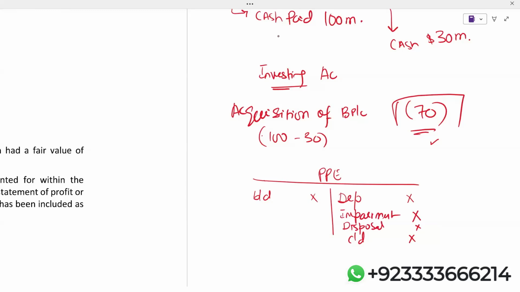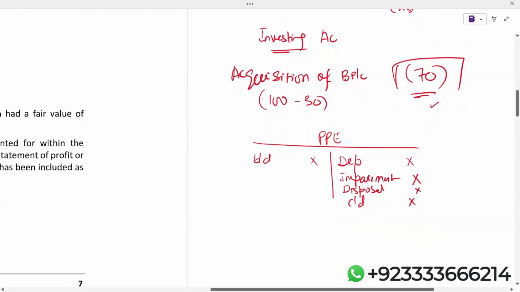But an important point: if I've acquired a subsidiary during the year, then of course the subsidiary comes with its own property, plant and equipment. So I'll write acquisition of BPLC, and from that I'll write the property, plant and equipment of my subsidiary.